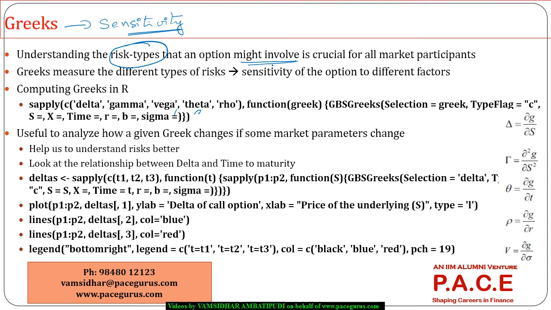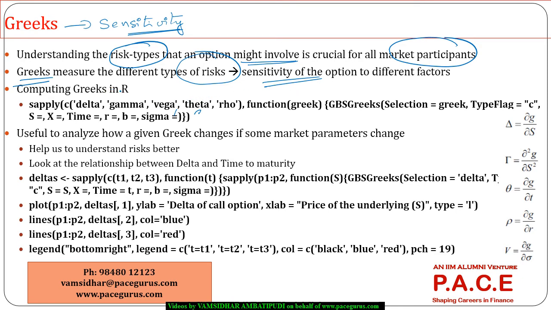That is very important for all of us who are trading in the derivatives sector, who are working in the option sector. All market participants need to understand what different kinds of risks the options are exposed to, and how the option premium changes with respect to them. So the measurement of Greeks primarily helps us understand or compute different types of risks, which talk about the sensitivity of the option to different factors.